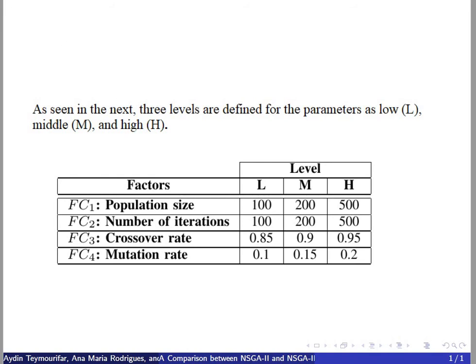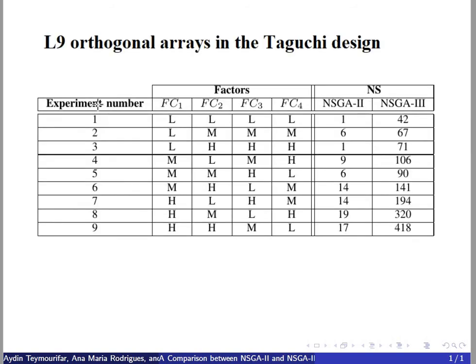These values are based on the experiments which we conducted before, so we can say that this definition is experimental. This table shows the L9 orthogonal array in the Taguchi design. In this design, there are 9 experiments with different levels of the factors, and these are the obtained results.